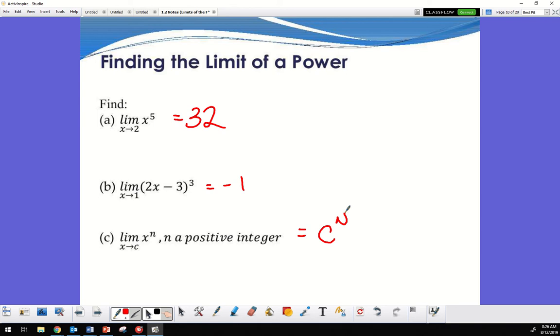Why did it identify that it had to be a positive integer? What would happen if it was not positive? What happens to negative? You move it to the denominator, don't you? Yes, you would move that to the denominator. If it was negative, it would be 1 over c to the n.